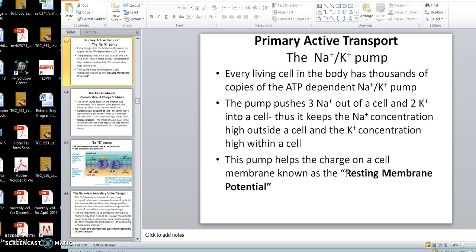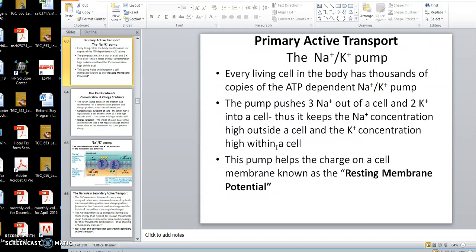If these reached equilibrium, you would lose the resting membrane potential and death would occur. So let me say it again. It is vital to keep these ions at disequilibrium.